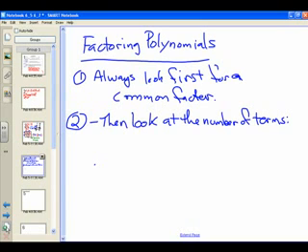If you have a trinomial, like x squared plus 2x plus 10, that has 3 terms. Always look first for a common factor. So the first thing you're going to do.